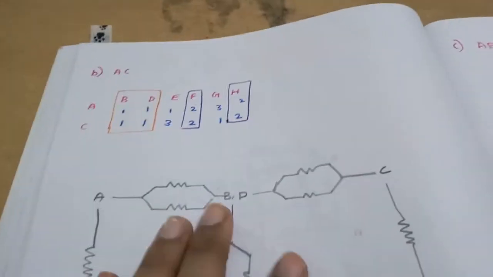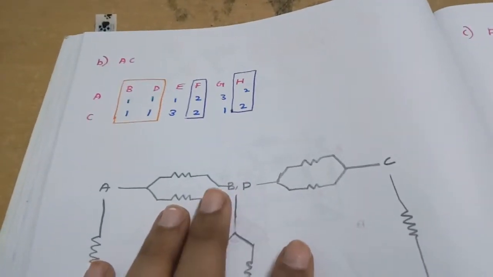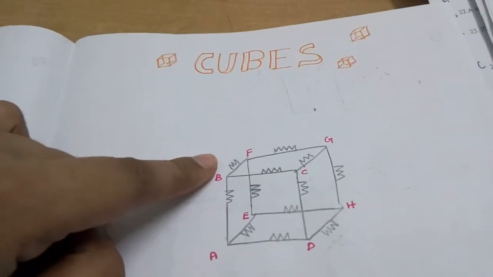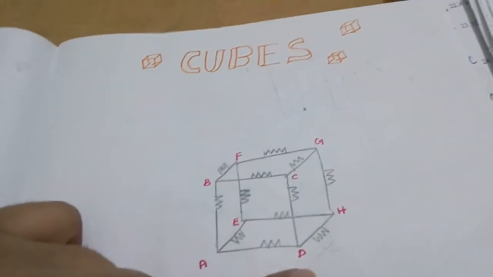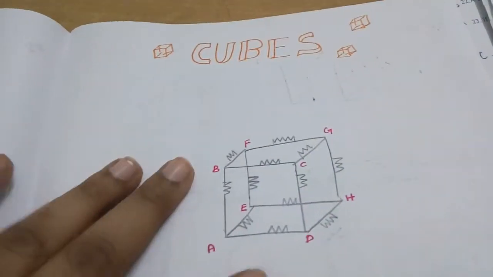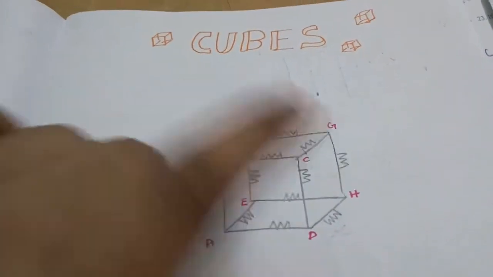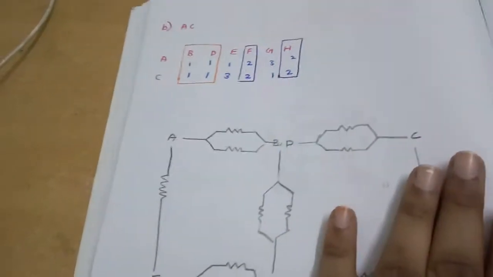Then see what is near BD. Near B there is A, and near D there is A. So A is common between B and D, and C is also common between A, B and D. So put A here and also C here.